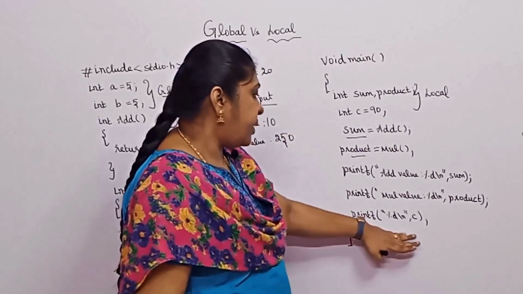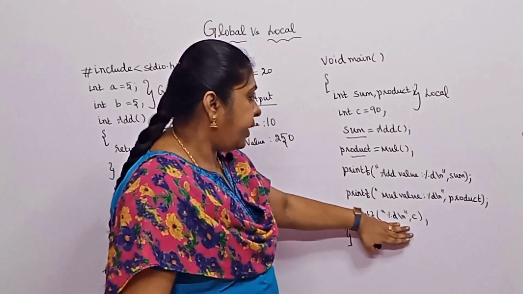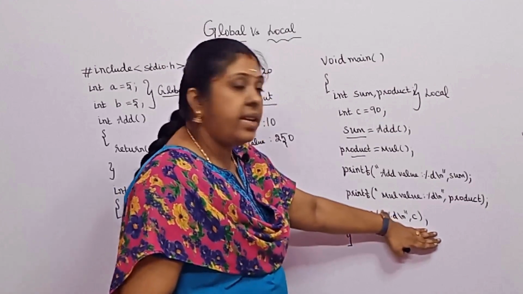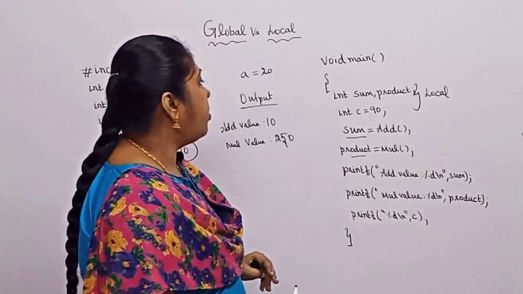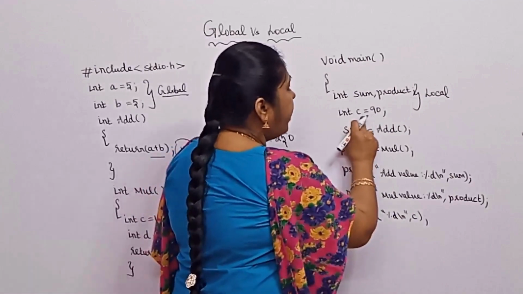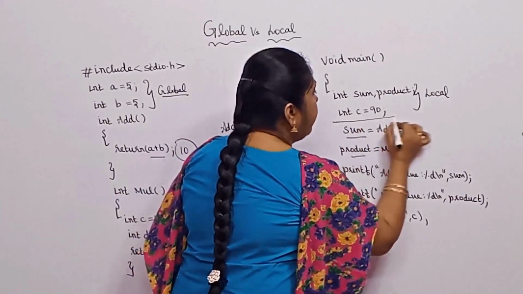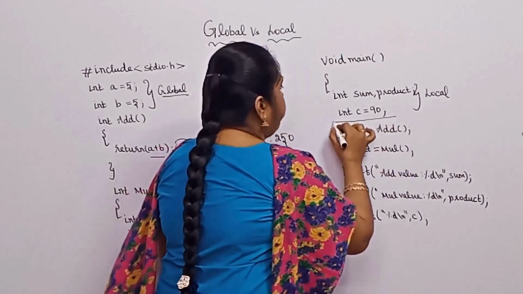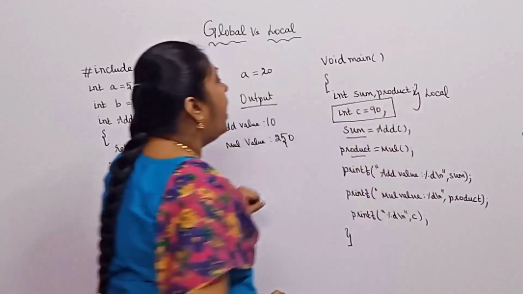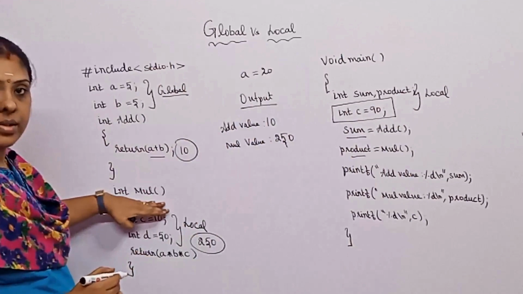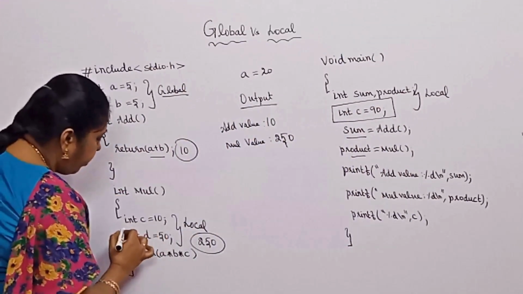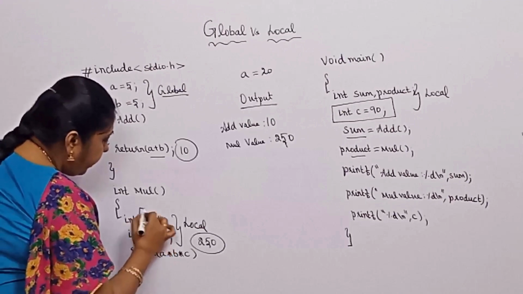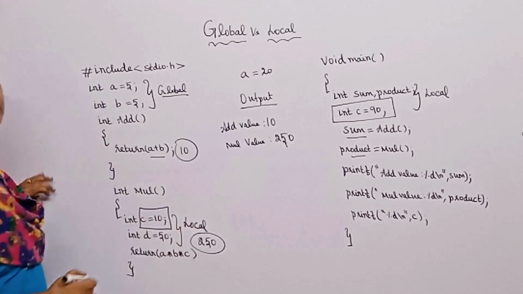And then the last step, here we are declaring an integer data type, and then we are going to print the value C. Now we want to know here the local variable, we are having C equal to 90. Already in the multiplication subfunction, we have declared the variable integer C equal to 10.